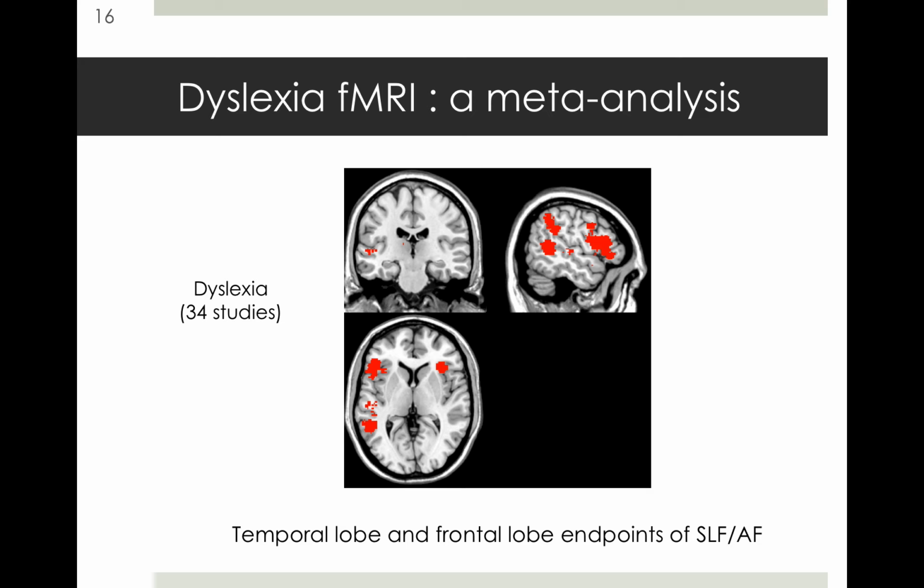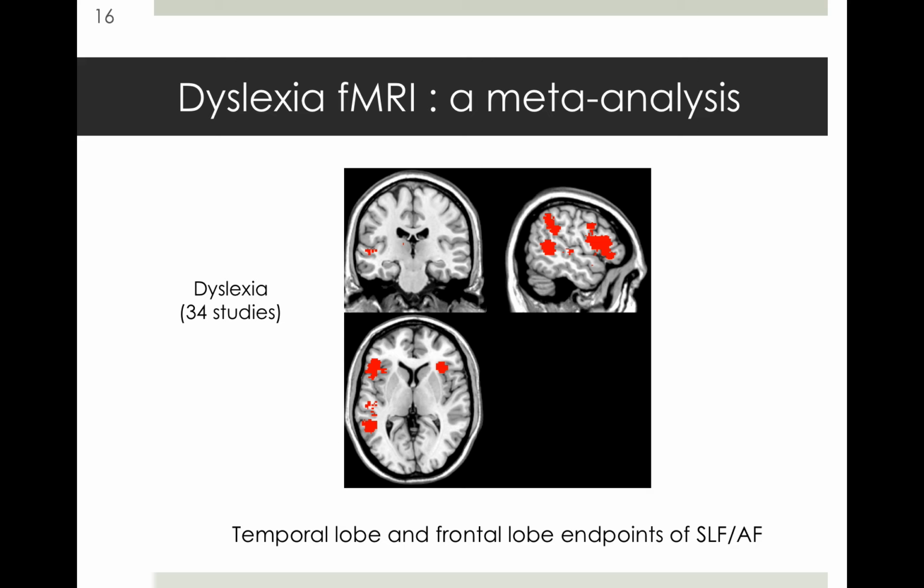So now that's not the only functional MRI study that's been done on dyslexia, of course. This is just a snapshot of 34 different studies that are here meta-analyzed. Right? So we're looking at areas of the brain that are pretty consistently active from 34 different functional MRI studies that are showing differences between people with dyslexia and controls.